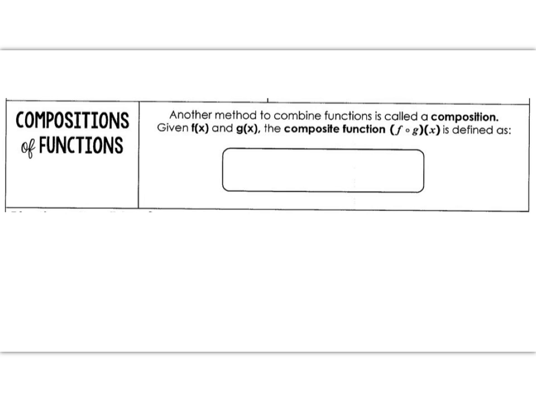All right, the last thing we're going to learn today is called compositions of functions. Another method to combine functions is called a composition.